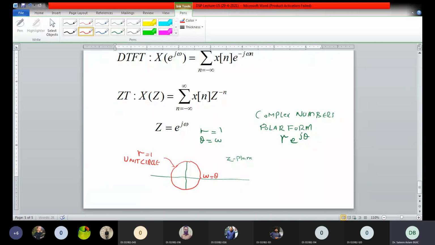This is omega equal to 0, theta equal to 0, this is omega equal to pi by 4. So your frequency will be plotted on this unit circle, right? From omega equal to 0 till omega equal to 2 pi, when you complete the whole circle you will get omega equal to 2 pi here, omega equal to pi here, and omega equal to pi by 2 here.